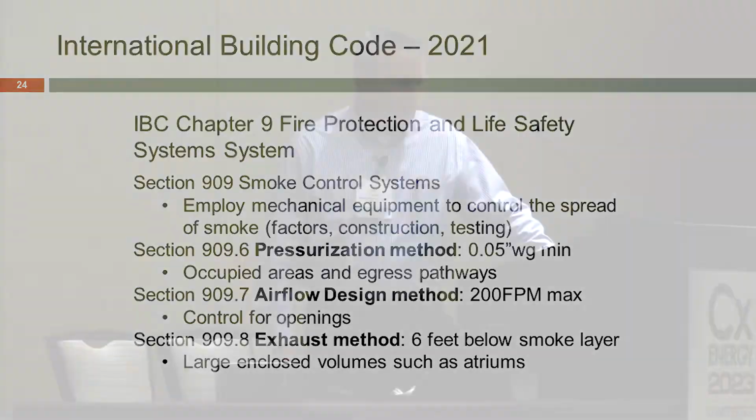Pressurization method in point 6 tells us that we have to maintain a 0.05 barrier. That's where that number comes from when we're seeing it on our drawings and in the practice of doing our testing. An airflow design method is 200 feet per minute upper limit.